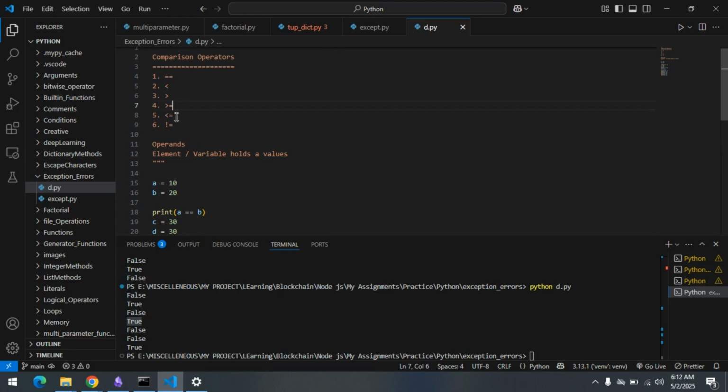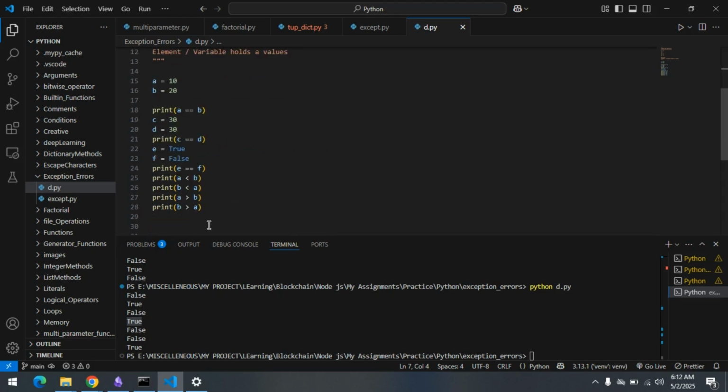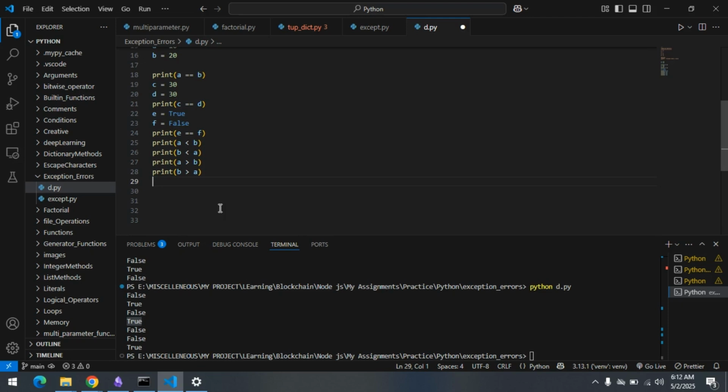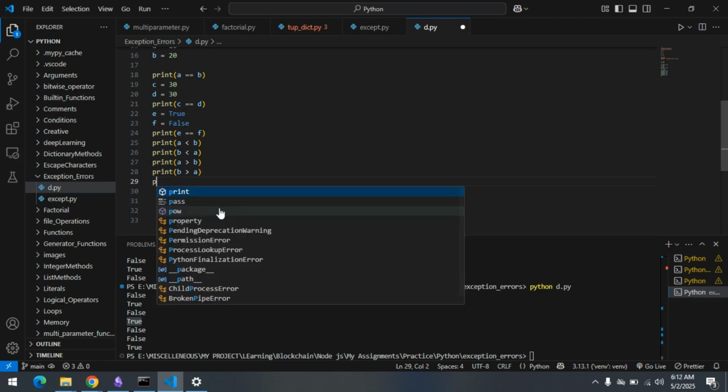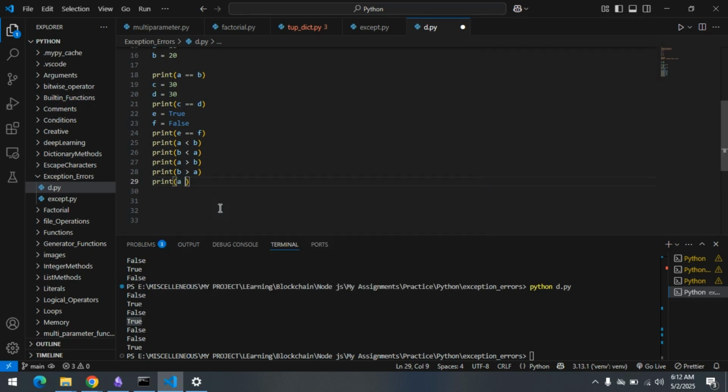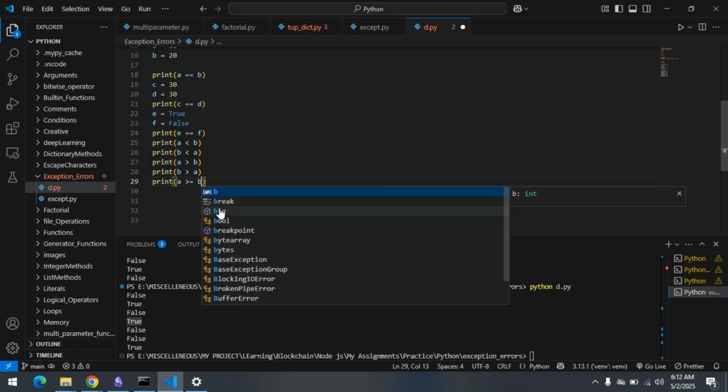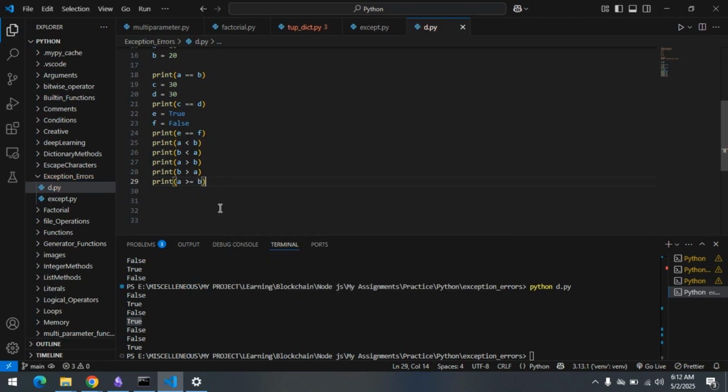Okay, so now let's move to the fourth one. This is how you read it. It's greater than or equal to. So the value should be either greater than or equal to B. So it could be any value greater than B and it would still be true, or it could be any value that is equivalent.